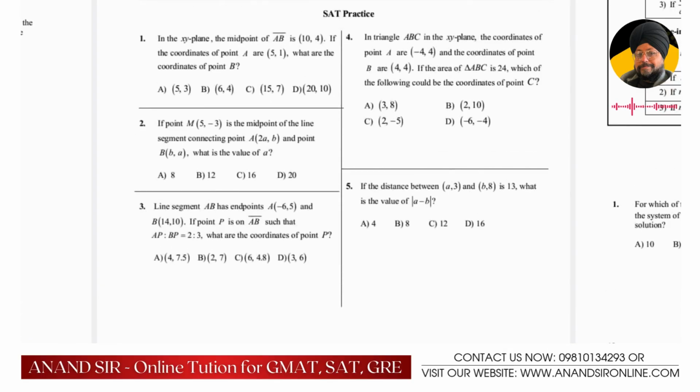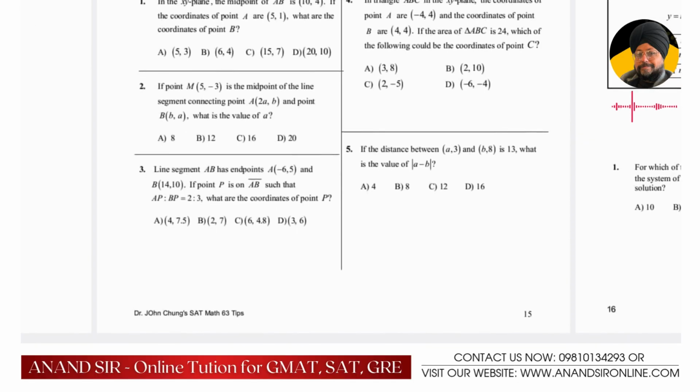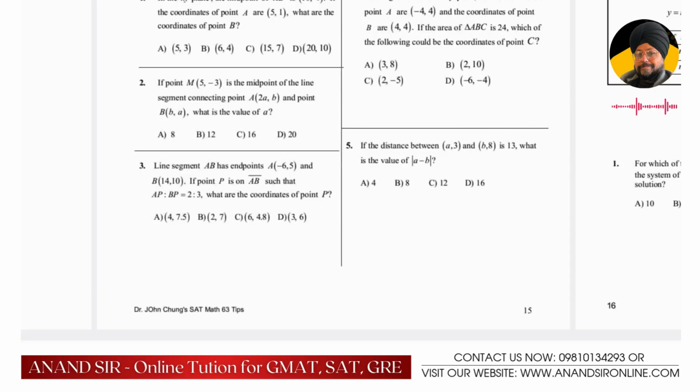The first question is, in the xy plane, the midpoint of AB is 10, 4. If the coordinates of point A are 5, 1, what are the coordinates of point B? Okay. So question number 1 says, midpoint is 10, 4.